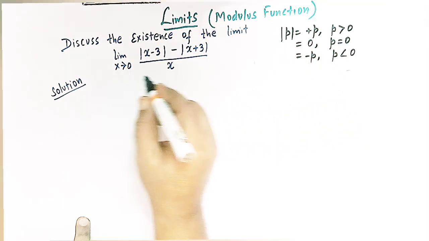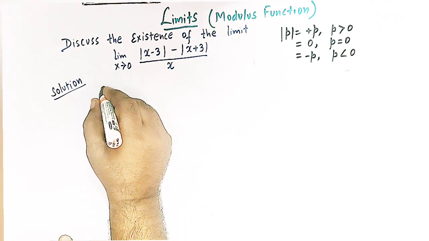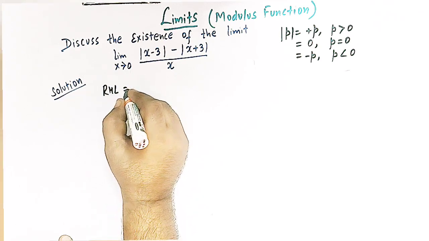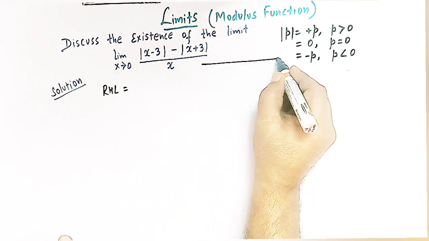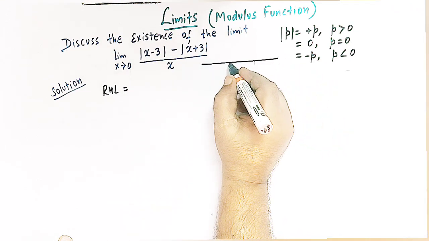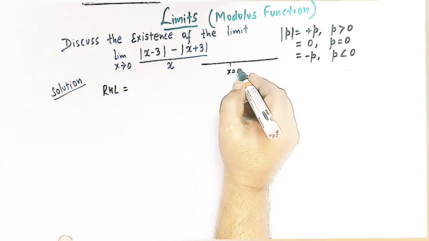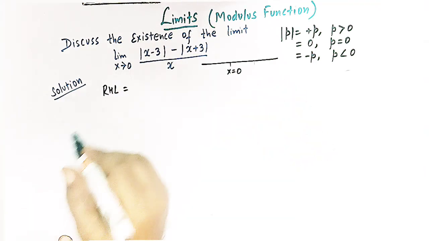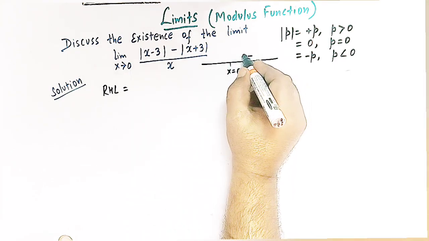So let us first find out the right hand limit. So for right hand limit, what we will do, see here x tends to 0. So now if we draw the real number line here, and here we have the point x is equal to 0. So when we find out the right hand limit, we approach from the right of x is equal to 0.